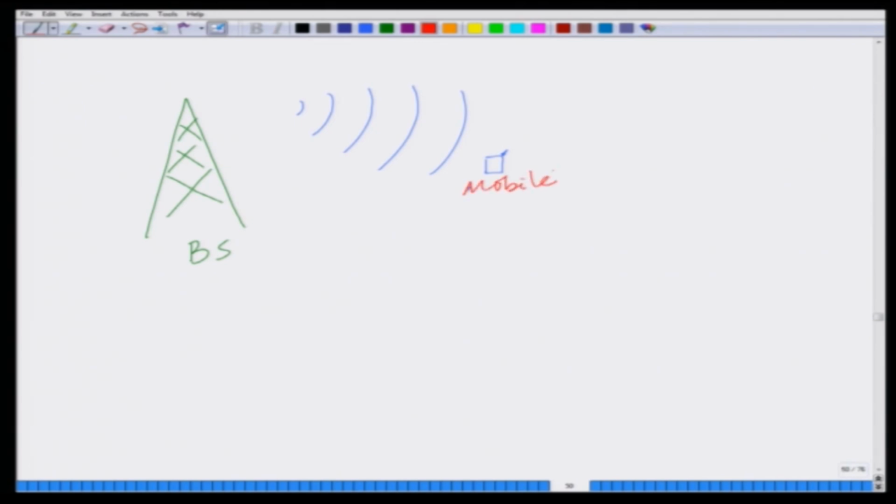So, the base station is transmitting the signal and the mobile is moving, it is moving either towards the base station or it can move away from the base station. So, mobile is in motion.